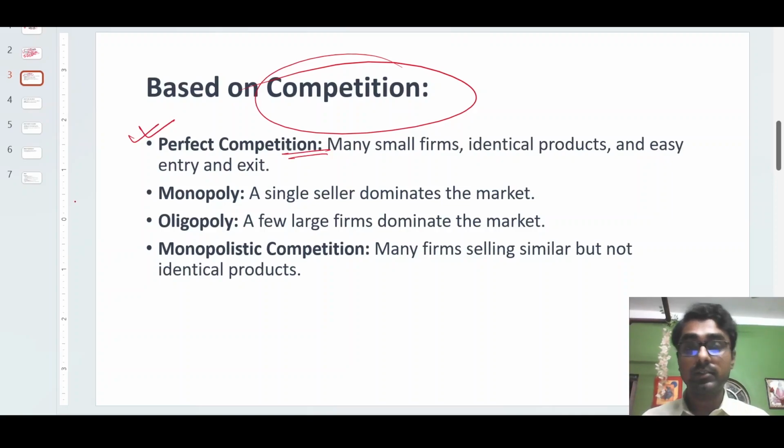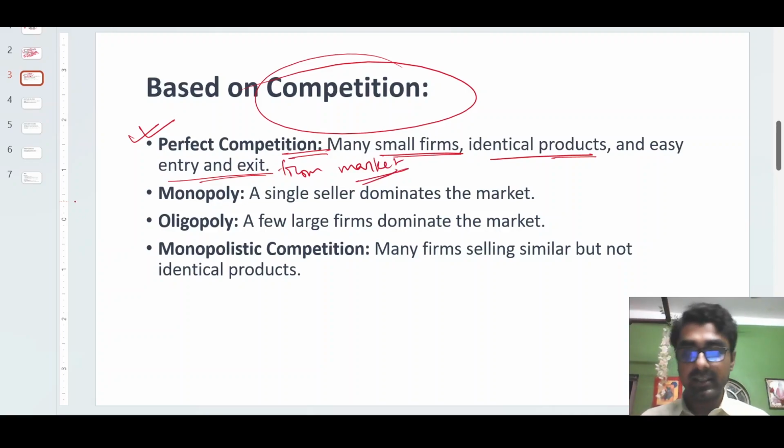So what is perfect competition? In perfect competition, multiple small firms sell identical products to the customer, and easy entry and exit from the market is a very important factor.